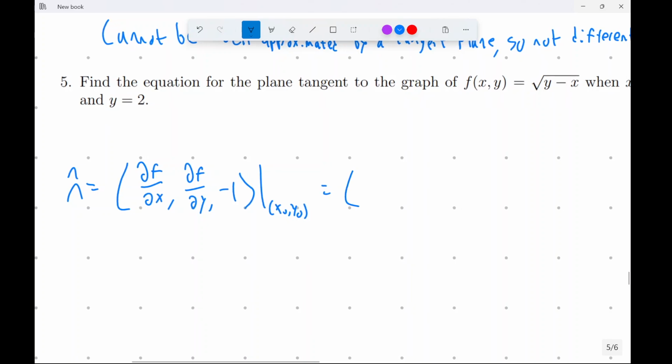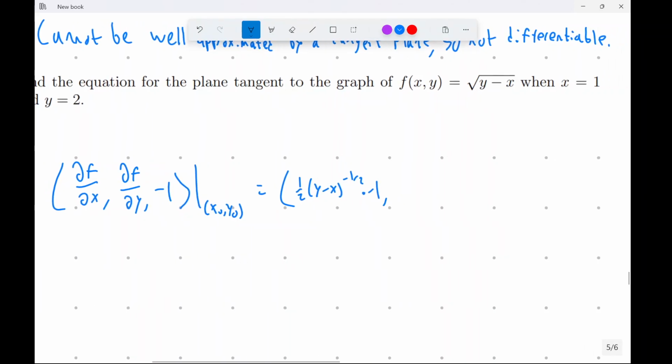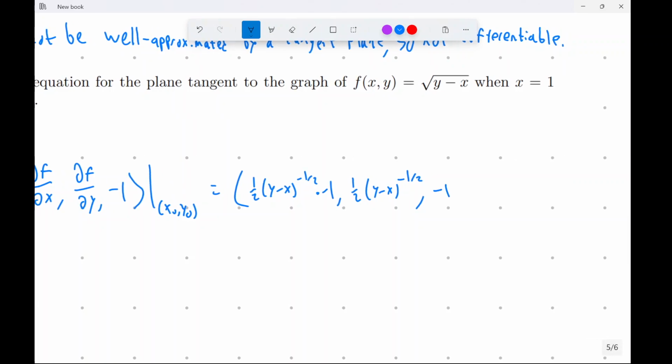Okay, partial f partial x is 1/2 times y minus x to the -1/2 times -1 because of the chain rule. This one is the same thing, but the chain rule just multiplies by 1, so nothing happens, and then -1.